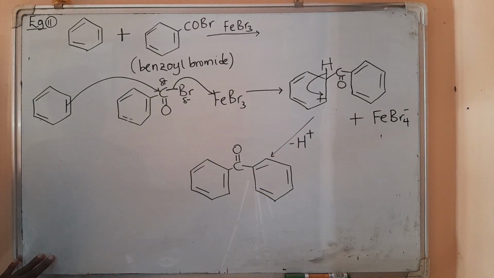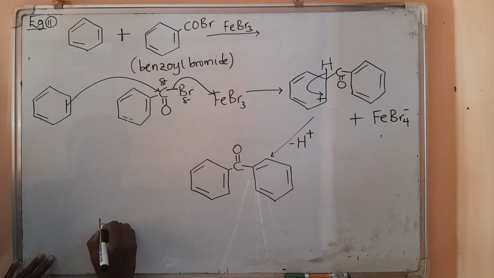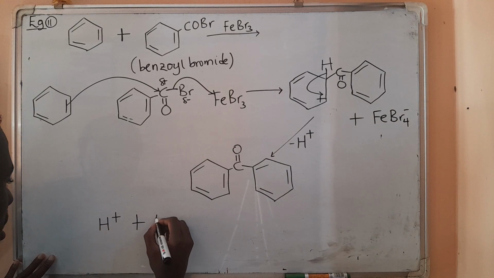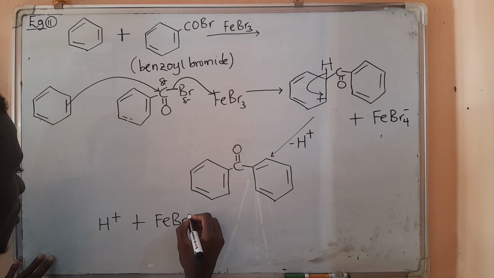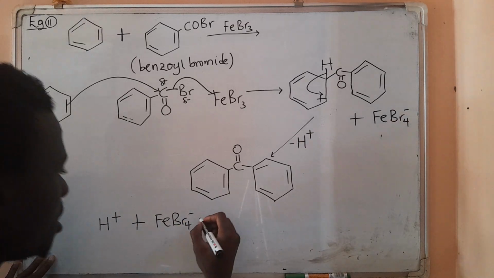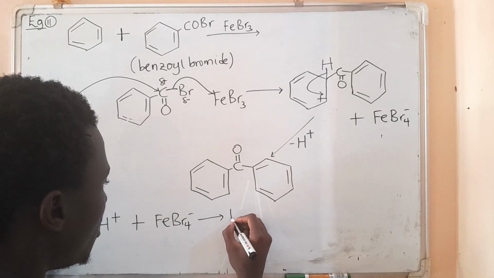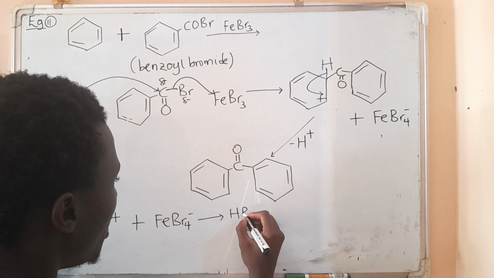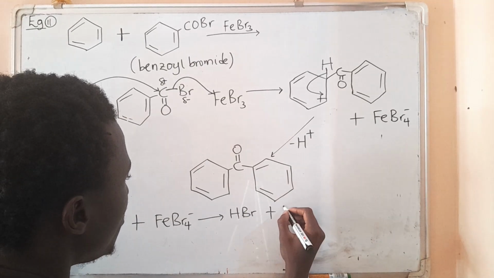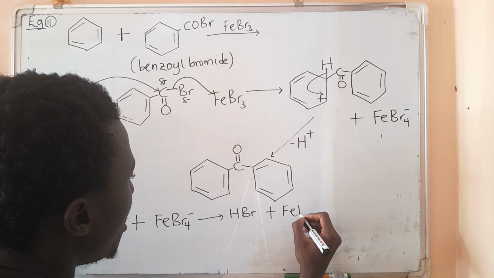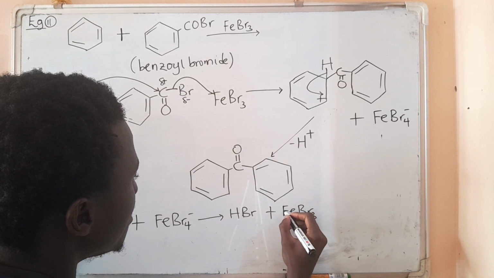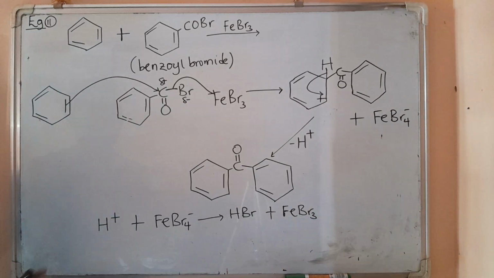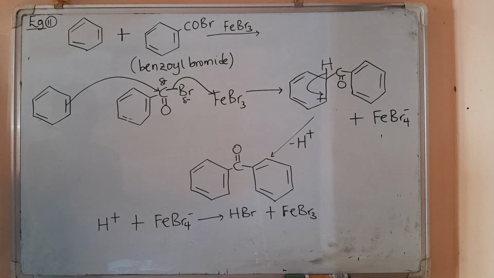Then the hydrogen ion plus FeBr4. So this donates to hydrogen to form hydrogen bromide plus iron 3 bromide, like that.